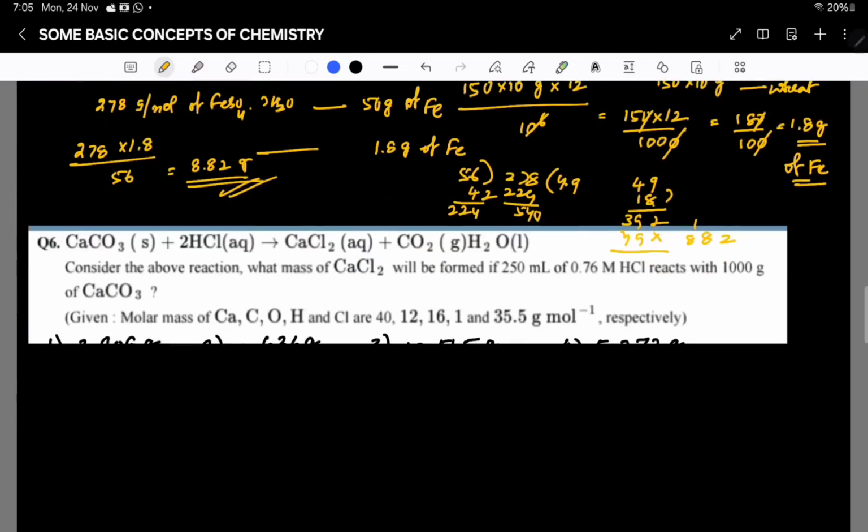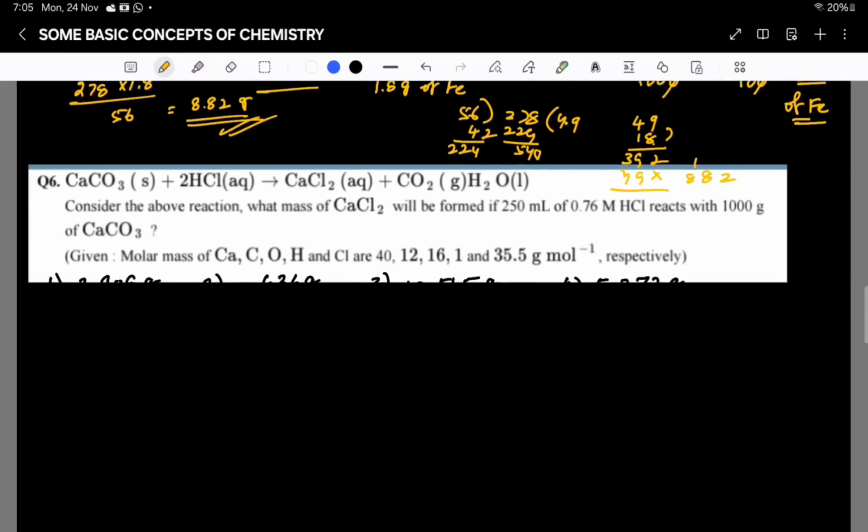So next question, student. CaCO3 plus 2HCl gives rise to CaCl2 plus CO2 plus H2O. Consider the above reaction. What mass of CaCl2 will be formed if 250 ml of 0.76 M HCl reacts with 1000 grams of CaCO3?